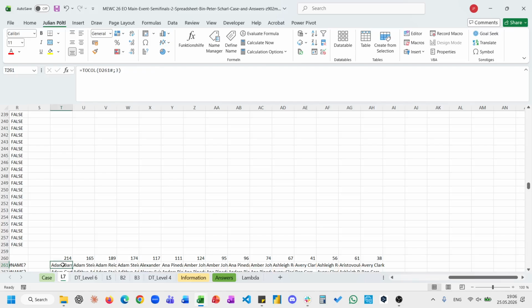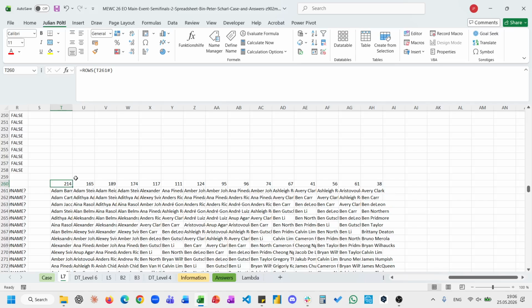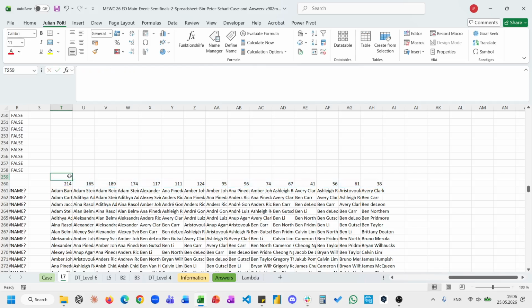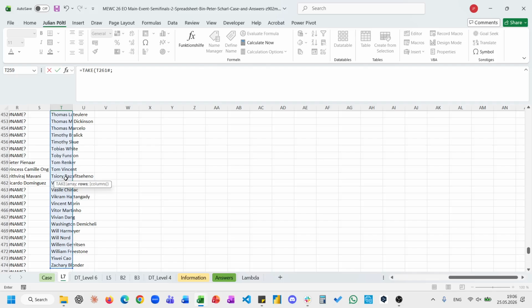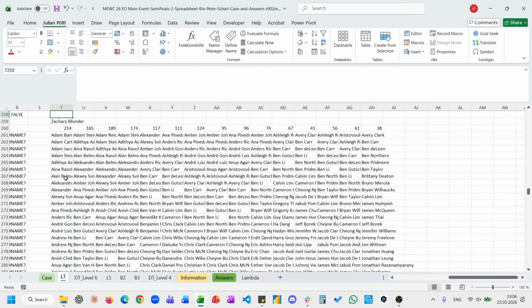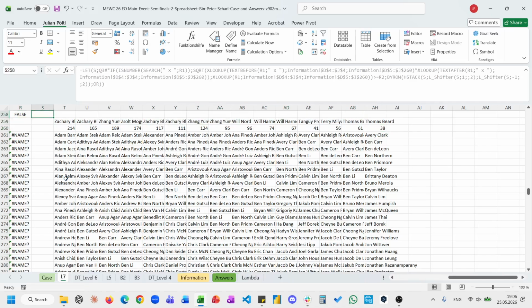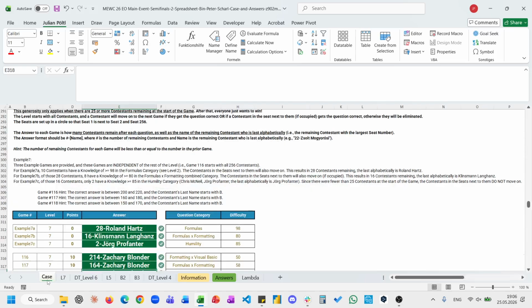Otherwise, I'm not understanding this, but oh, I have deleted this. Was it without space? No, it was without space. Take -1. What was the order?